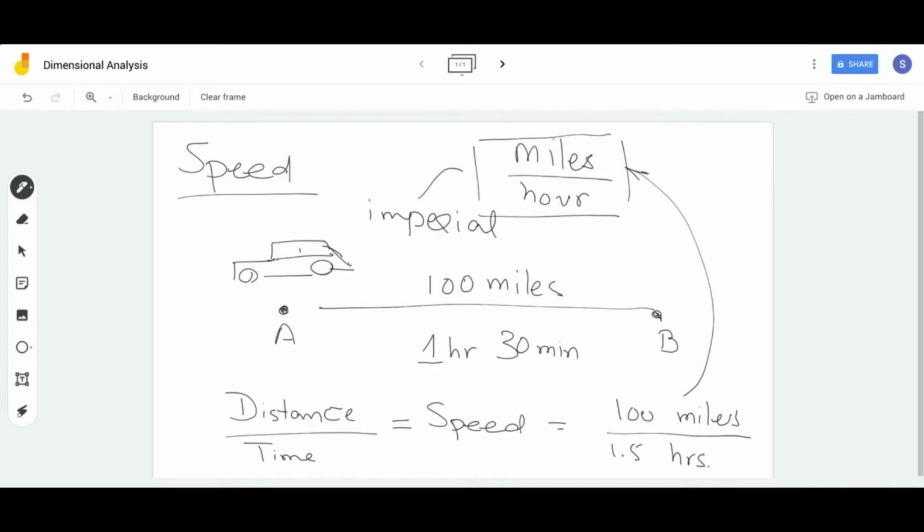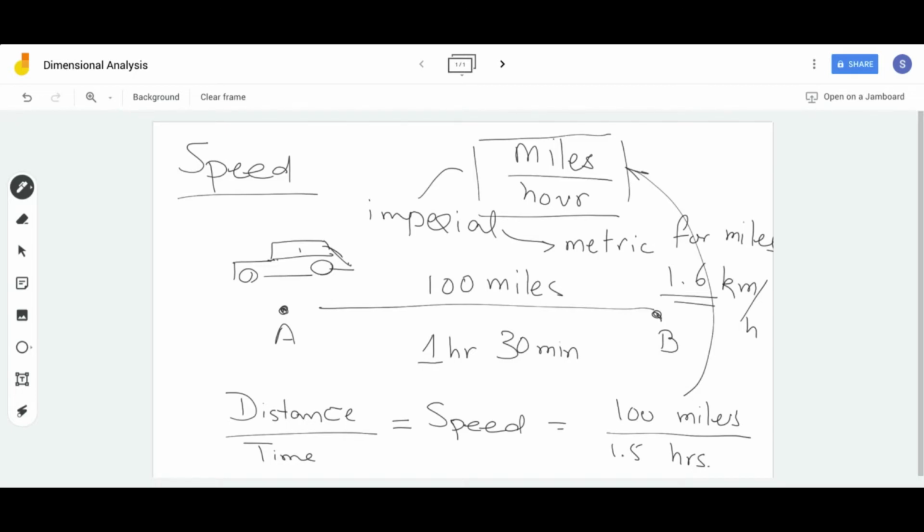If you were to convert this into SI units, you can convert miles to the metric system, and that's given by a simple factor of 1.6. So you just multiply your answer by 1.6, and miles per hour would be converted to kilometers per hour, right? And that's one way to do it.